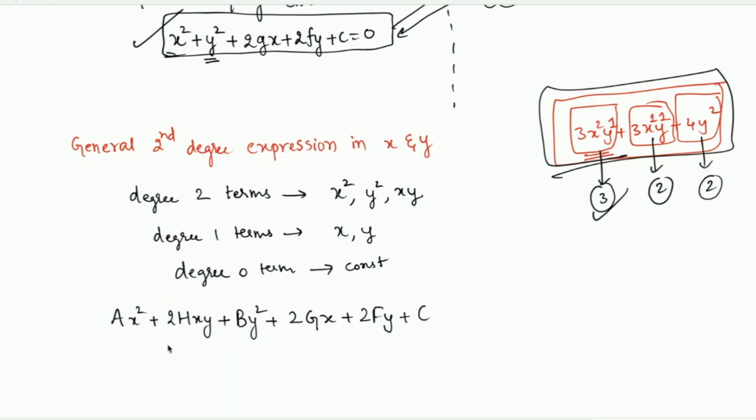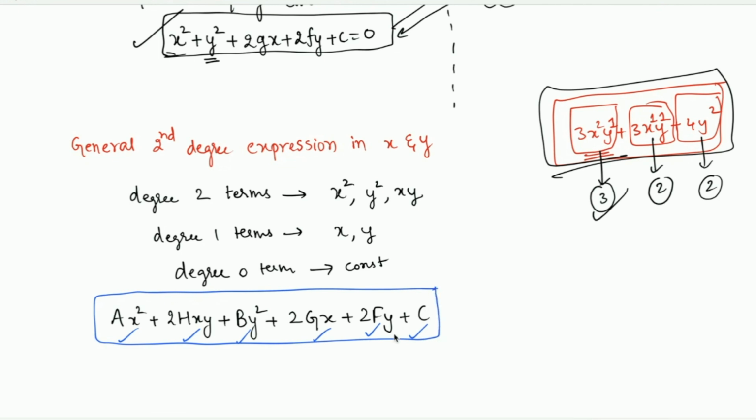Right. Now you tell me: degree 2, degree 2, degree 2, degree 1, degree 1, degree 0. What is the highest degree present here? Degree 2, right? So overall, this is a second degree expression. Any second degree expression you take should contain these terms only.